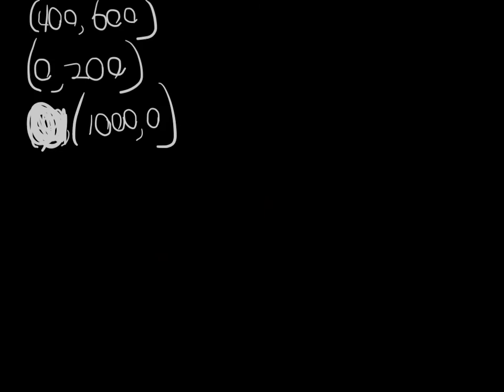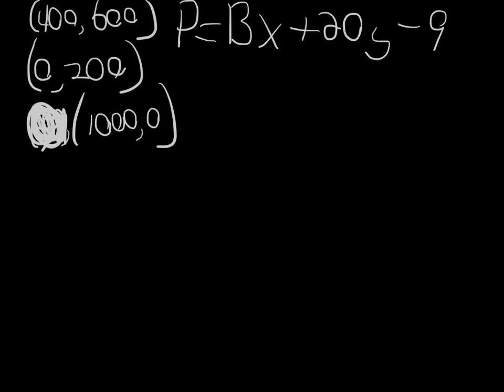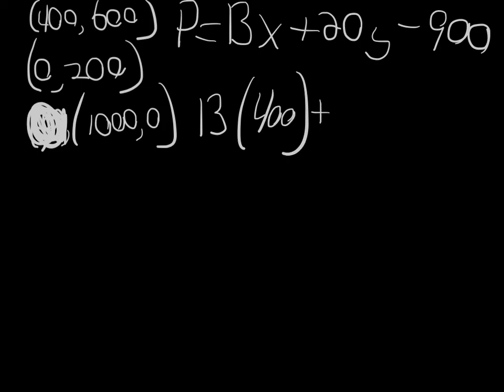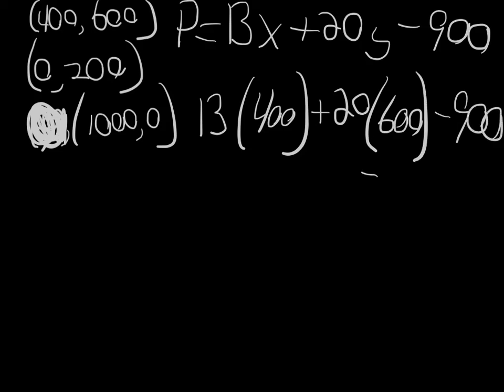You have to then plug those coordinates into the objective function of P equals 13x plus 20y minus 900. So 13 times 400 plus 20 times 600 minus 900 equals 16,300.